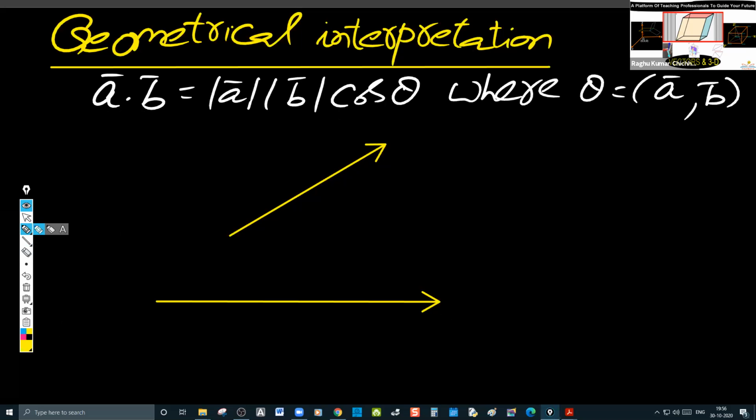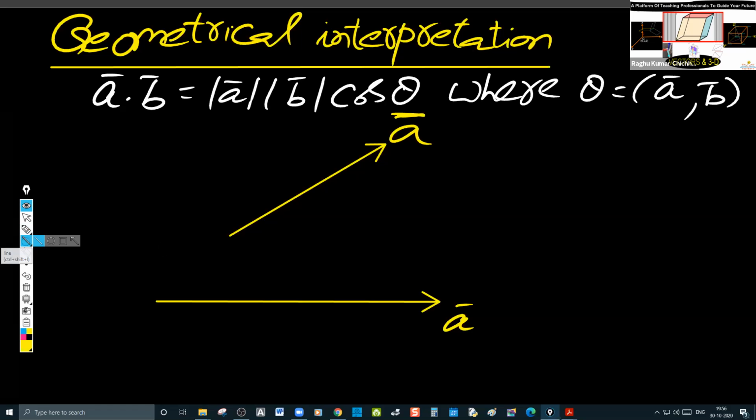This is A bar and this is B bar. You can also reverse them, the above one as A bar and the below one as B bar, no problem at all.